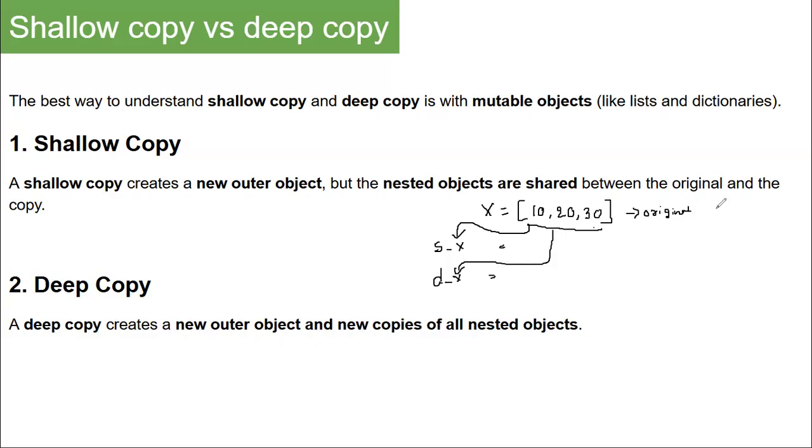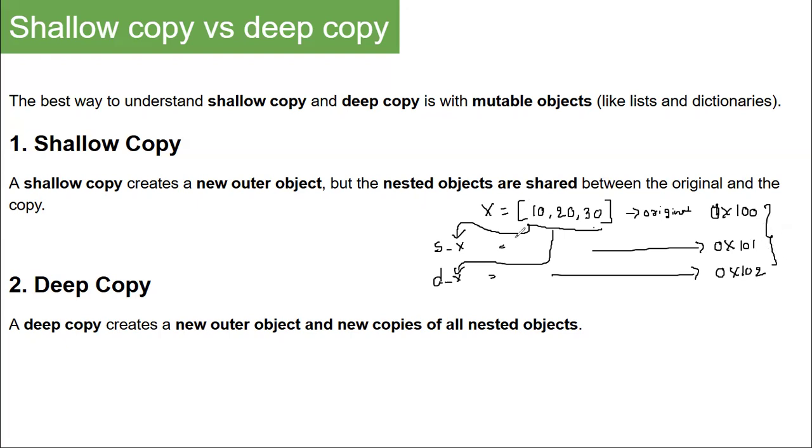For example, the first one's address is 0x100. The same data is stored here in s_x, but the address is 0x101. Next, the address for this is 0x102. This is just a sample I am telling, this is not the original address.